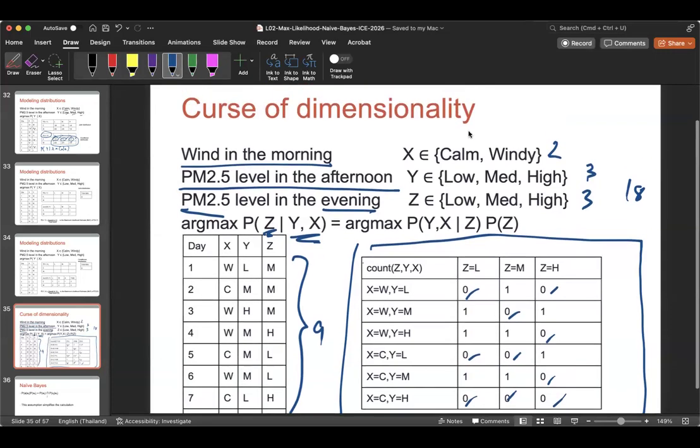This is called the curse of dimensionality. That is, when I have high dimensional data and I want to estimate probabilities, I cannot estimate because I will have so many zeros in my distribution.